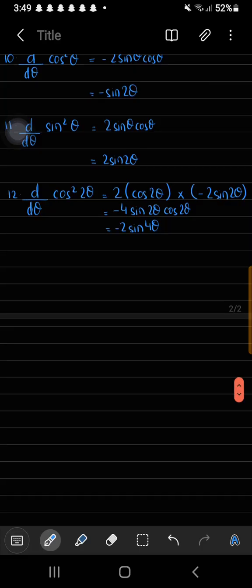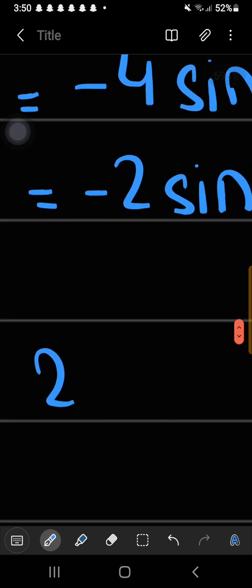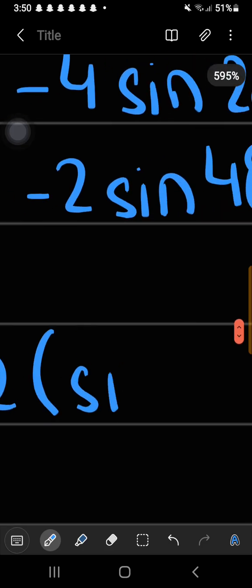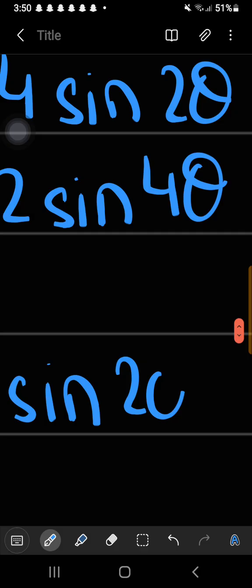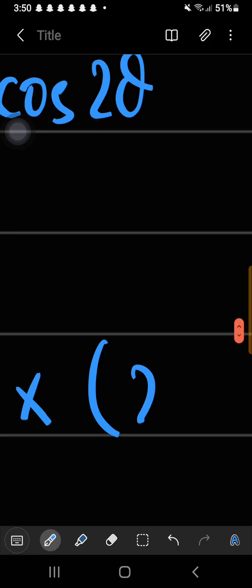Let's move to the 13th property. d over d theta of sine square 2 theta. So the same 2 will get multiplied with sine 2 theta, multiplied with differentiation of sine 2 theta, meaning 2 cos 2 theta.